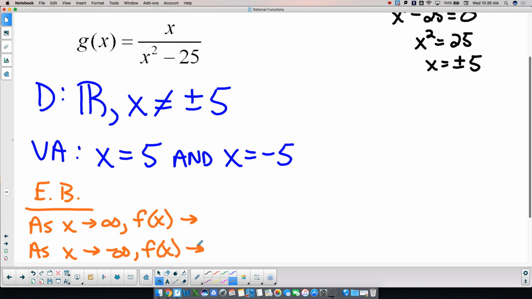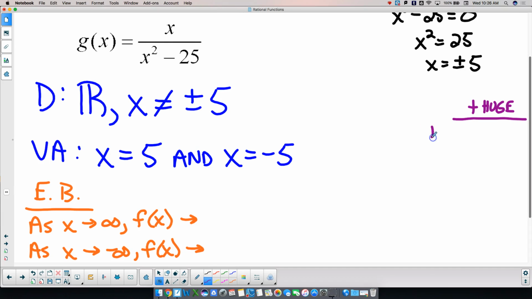Okay? So if I put in a ginormous positive number, that's going to give me on top a ginormous, huge number, right? Then I got to square that same number. Well, when you square something, you're multiplying it by itself, so that's going to be even bigger, and it's still going to be positive.